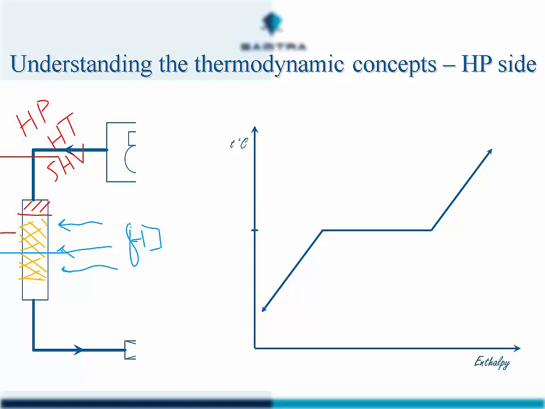So the air is going to leave warm, and that air is picking up the heat from the refrigerant. So that air passing through the condenser will still cool down the last part of the condenser where this liquid refrigerant is still traveling, and that would allow us to have a certain amount of subcooling.